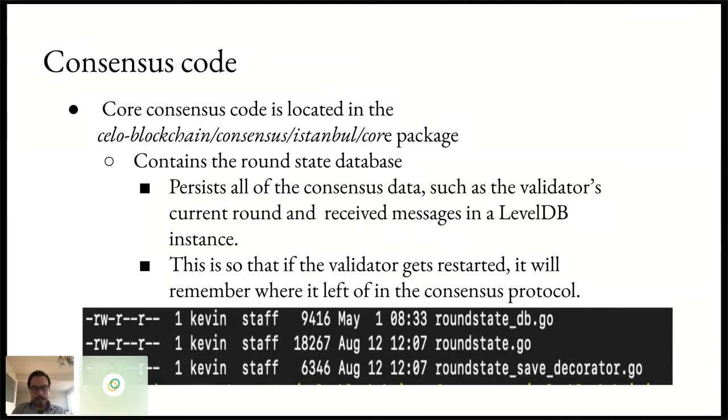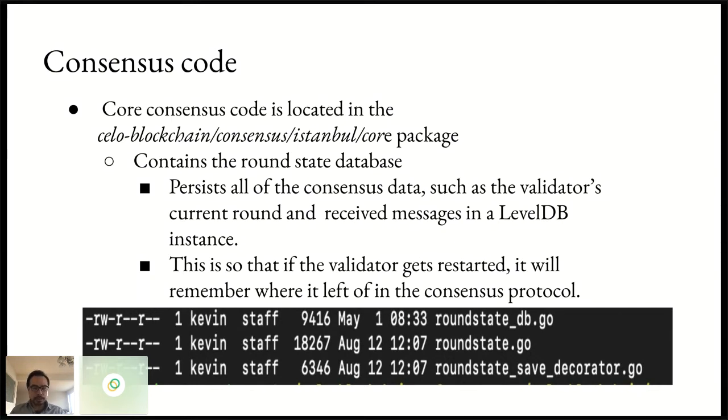So this package contains a LevelDB instance where it will persist a lot of the consensus data. For example, it would persist the validator's current consensus, the current round's block proposal, and save all of the messages received from other validators in the current round as well.